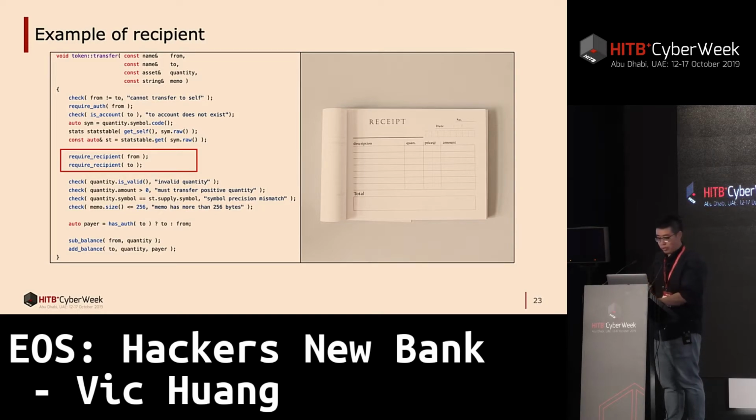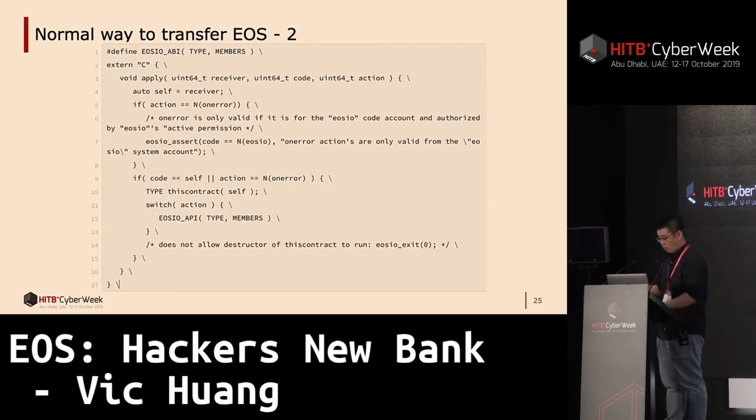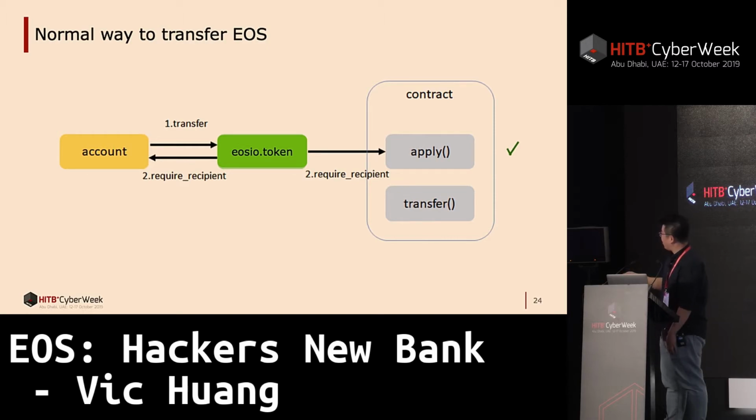So the flow is: the account sends a transfer to the EOS token. This contract is built on the mainnet. So the EOS token will send to both sides the required recipient.